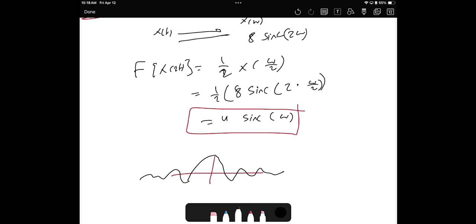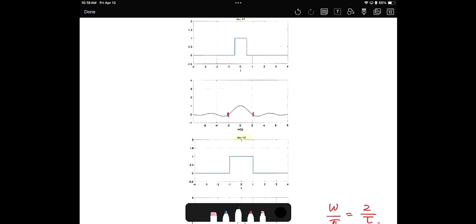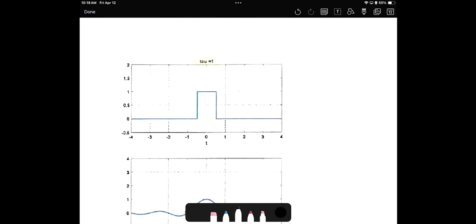So now I would like to discuss the relationship about the time scale of the sinc, which is if we increase the time or decrease the time. So here is some illustration about the sinc. We will assume here tau, which is the width, equal 1.